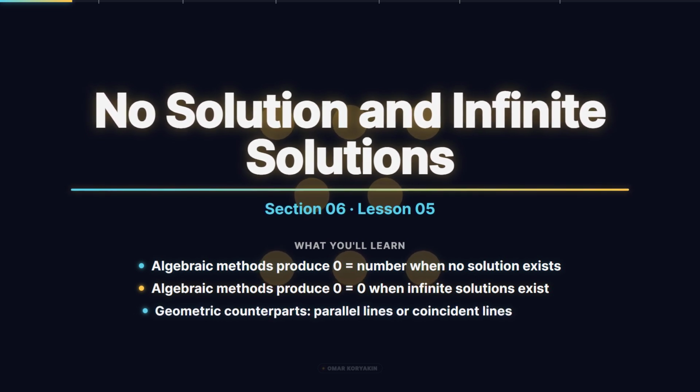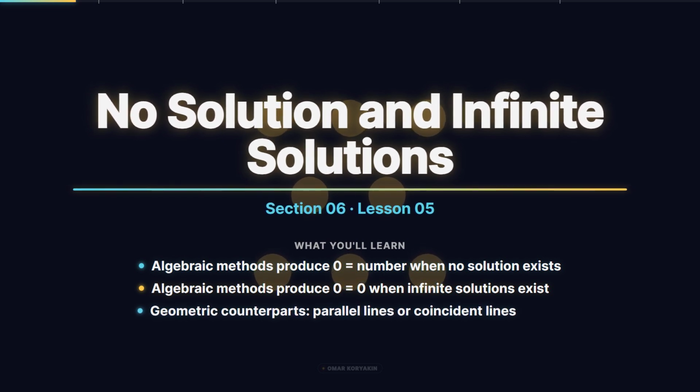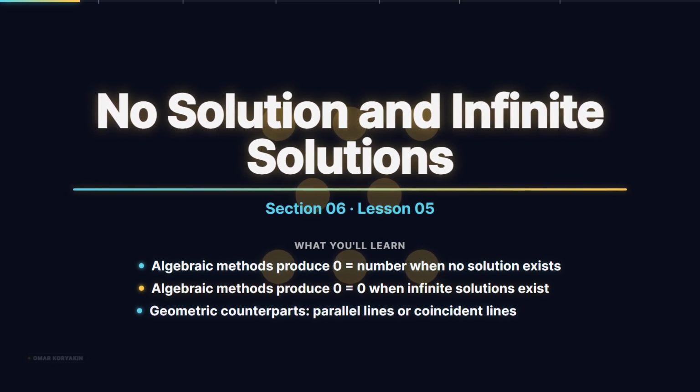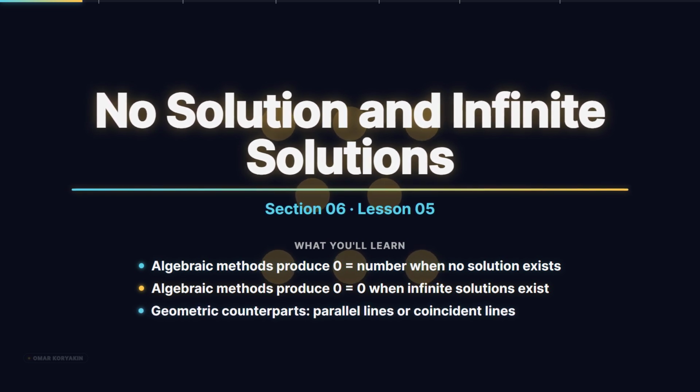To recognize either special case before doing detailed solving, scan the 2 equations for structural patterns. If the equations have proportional left sides, but the right sides do not match the same proportion, the lines are parallel and the system is inconsistent.